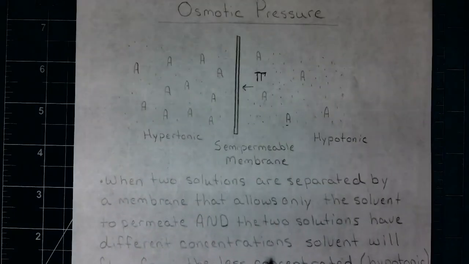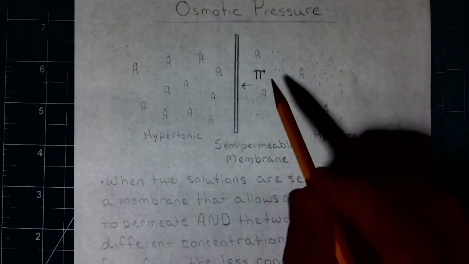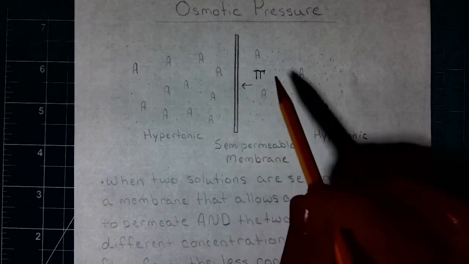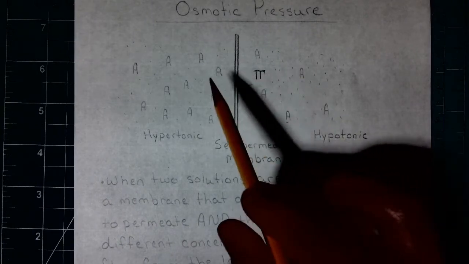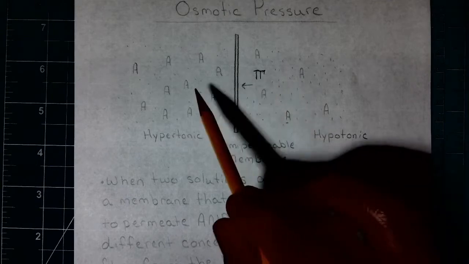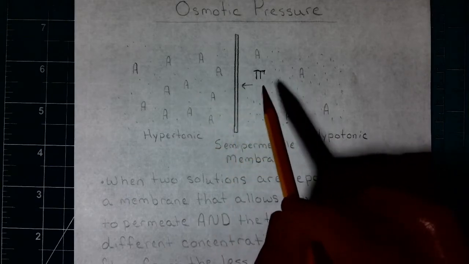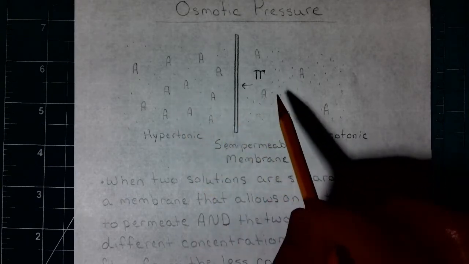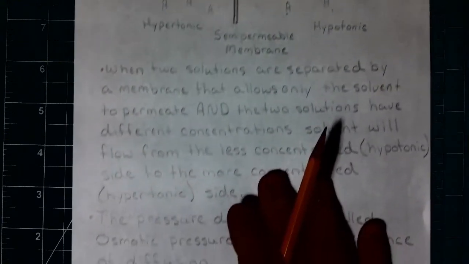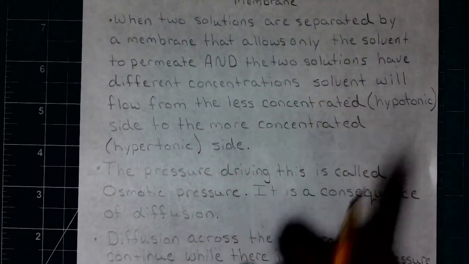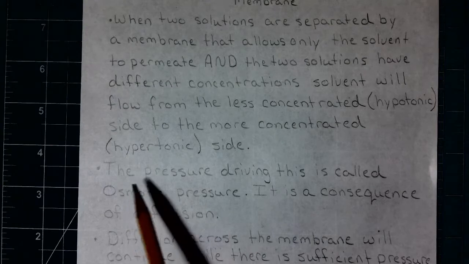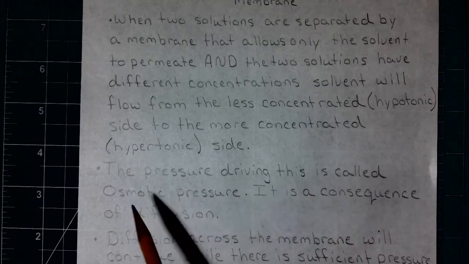So what's going to happen is these solvent molecules here are going to continue to move through this semi-permeable membrane until there's a similar ratio of solute and solvent on both sides of the membrane. The pressure driving this is called osmotic pressure.